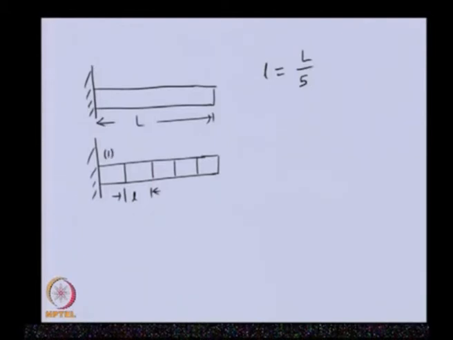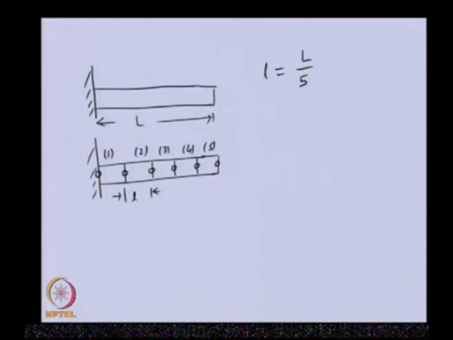So, element 1, element 2, element 3, element 4, element 5, and between two elements there is a common interface, and those we call a node.